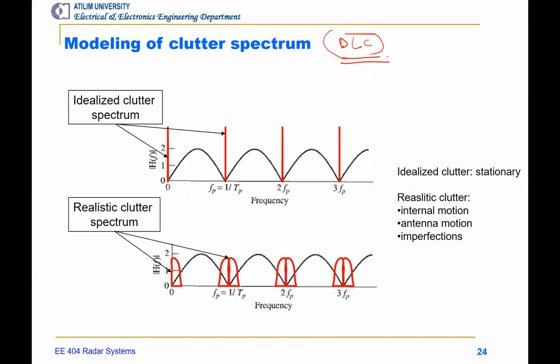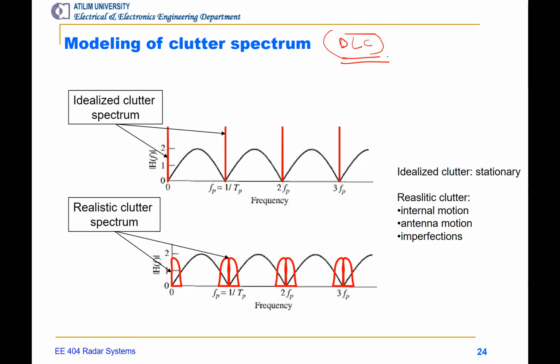It's illustrated in this slide for idealized clutter. Let's say a vehicle moving on the mountain, and you've got an airborne radar, and then you'd like to detect that vehicle. As the vehicle is moving on the ground, it's not easy to detect it by simply looking at the echo signal magnitude, because there are too many things around that.